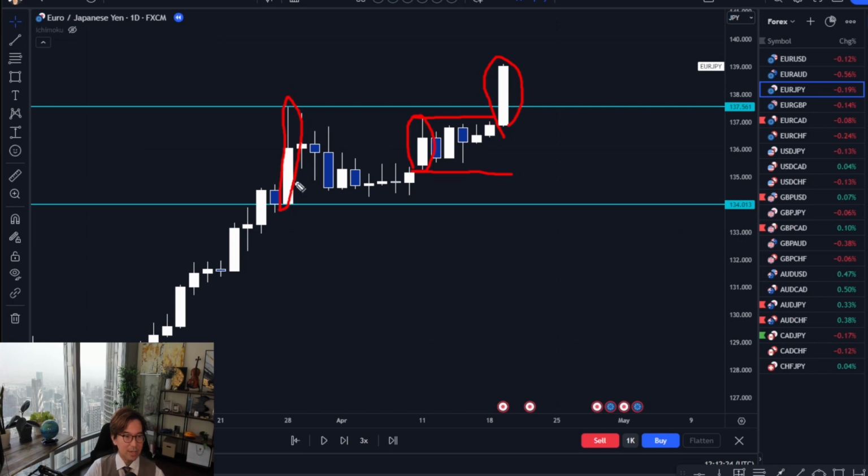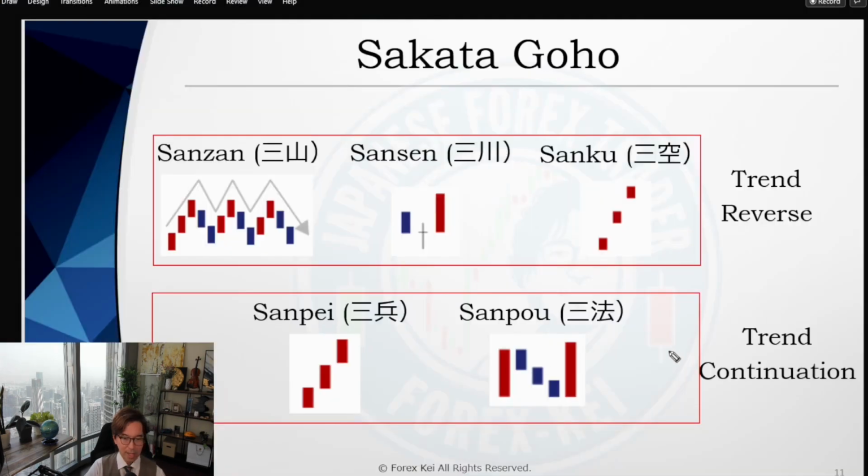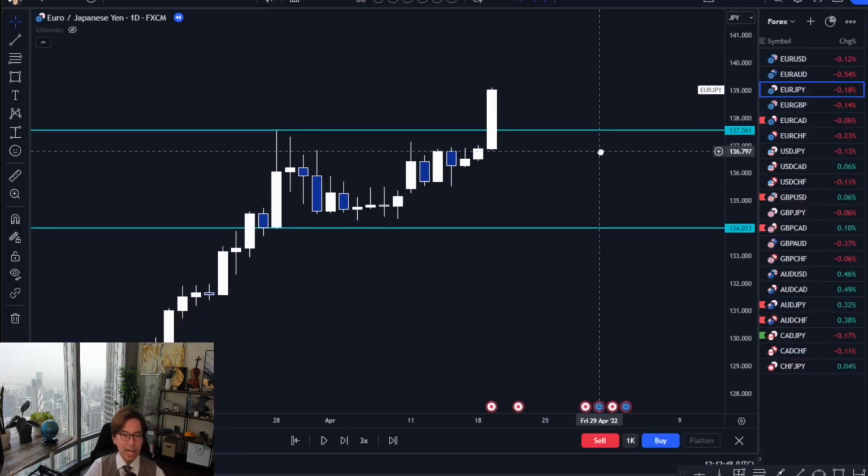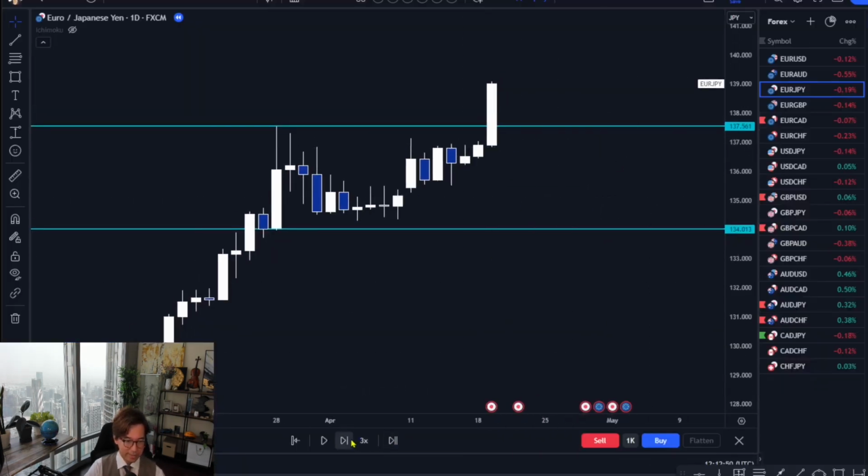The big candlestick's high and low include all these later candlesticks, and then this one broke. So this is, so to speak, like a double sample breakout. That means the market may continue to be bullish from here. So let's see how it plays out next.